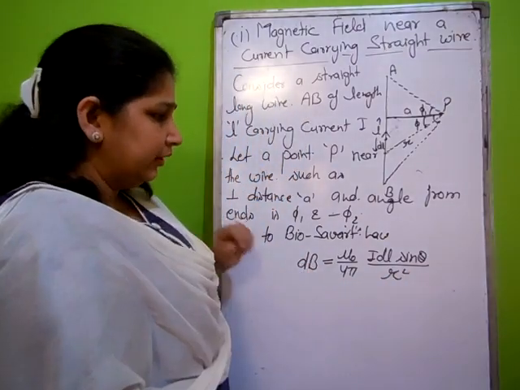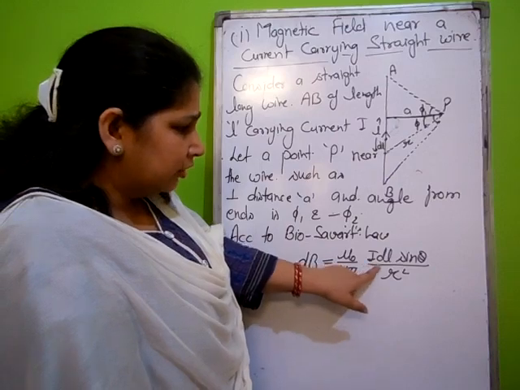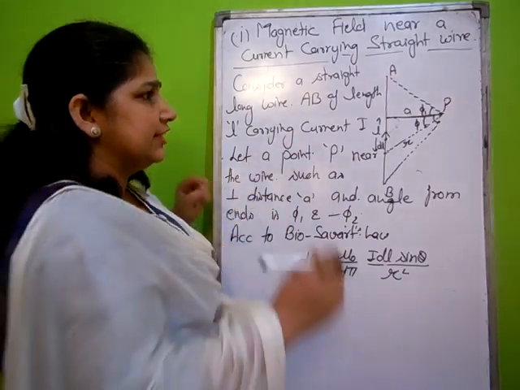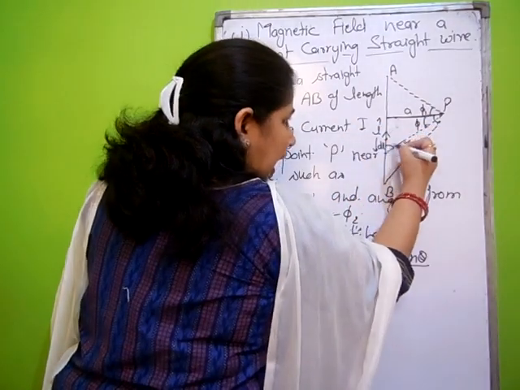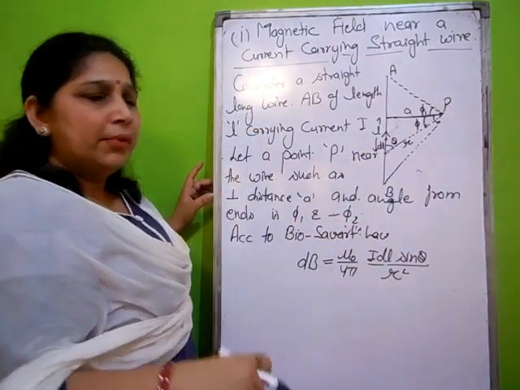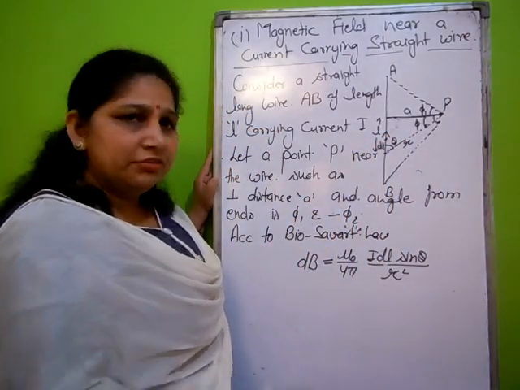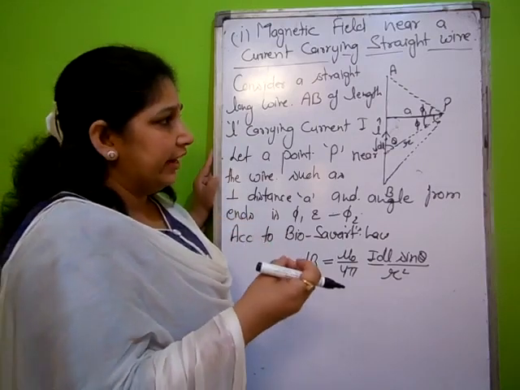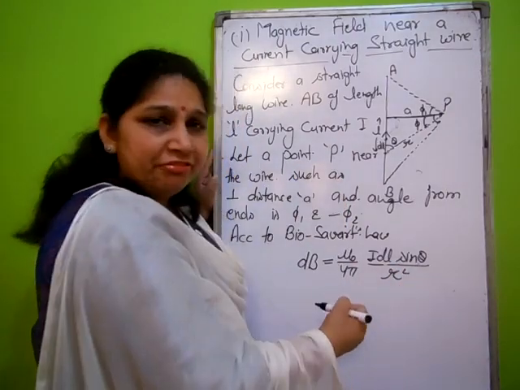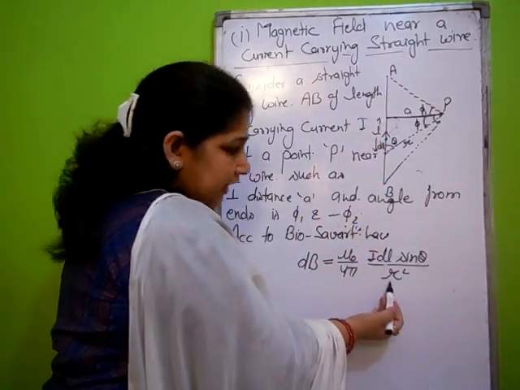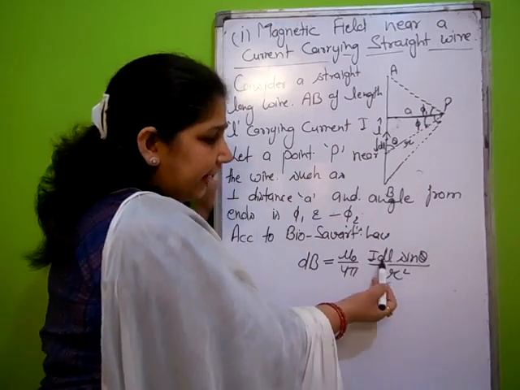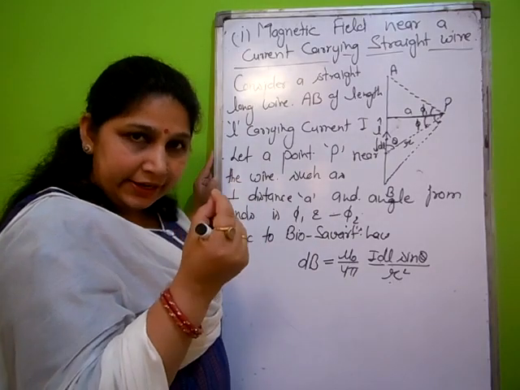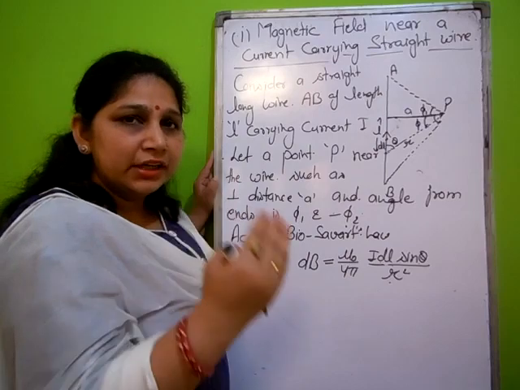We have these terms, but here theta is the angle between r and dL, and theta is not a parameter which changes when we change the position of the point. So we will take this theta in terms of phi, this r in terms of phi, and this dL in terms of phi. We will change these three parameters dL, theta and r in terms of phi.